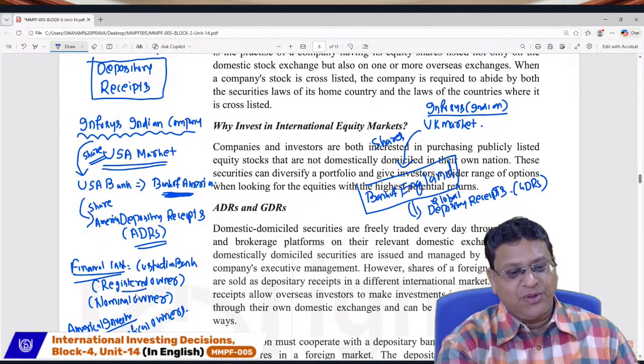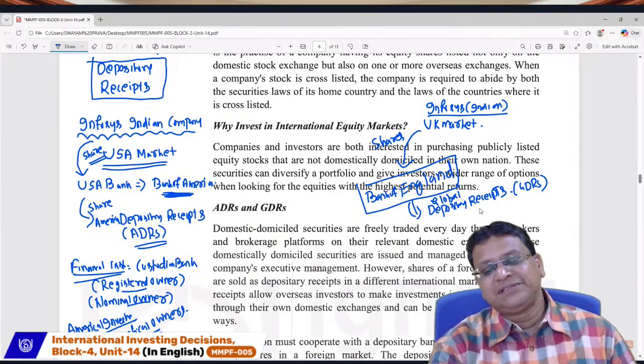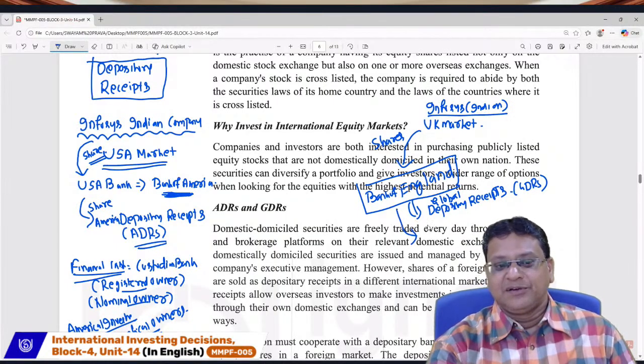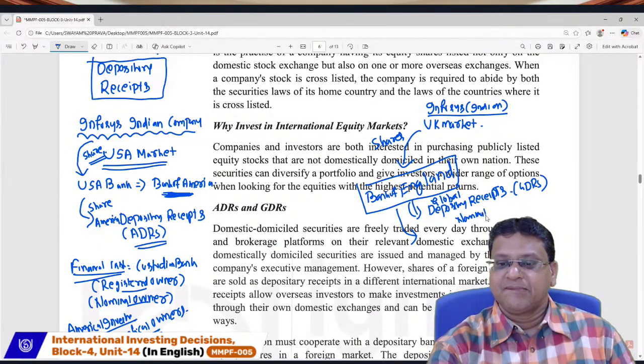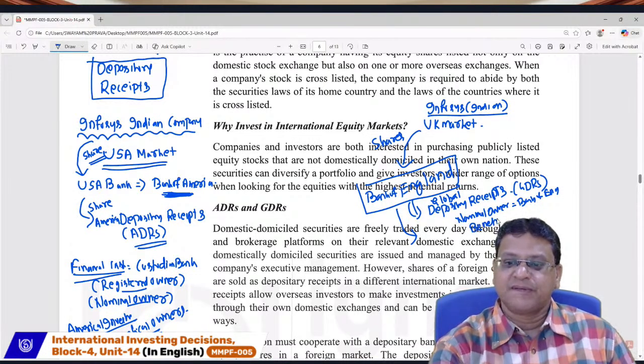It is the registered or nominal owner, and American investors are the beneficial owners. Similarly, in the case of GDRs, the nominal owner is Bank of England, and UK investors are the beneficial owners.